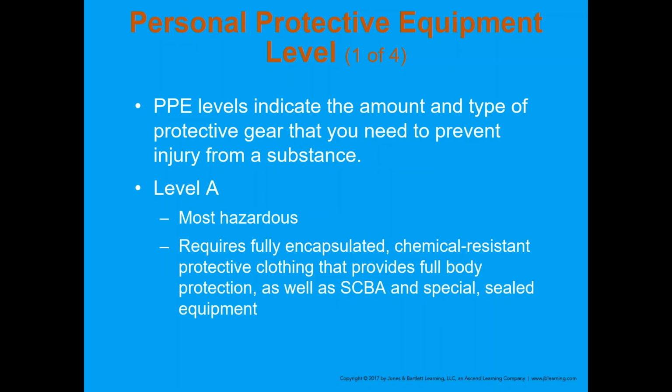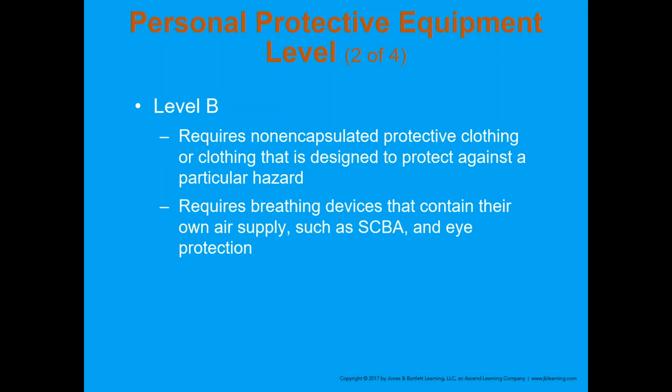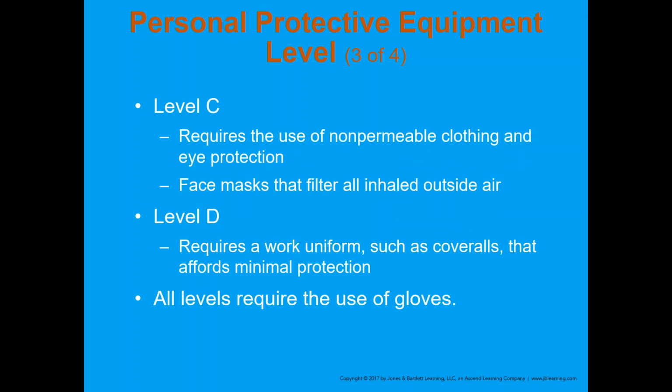PPE, your level A, that's the most hazardous. That's your fully encapsulated chemical resistant clothing. There's nothing that can get to you. You have full body protection, completely sealed in. Level B is a little bit less than that. Does require a breathing device and eye protection. Level C is non-permeable clothing and eye protection, face mask that filters all inhaled outside air.